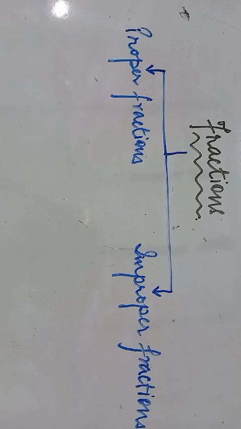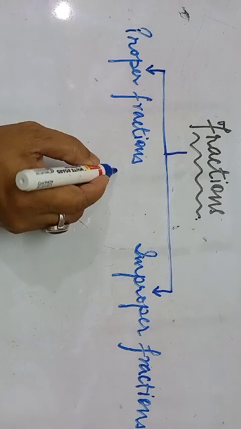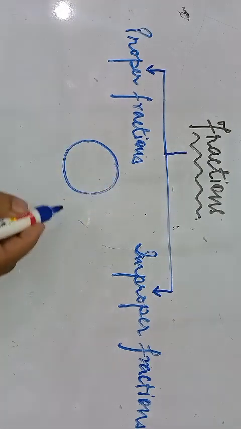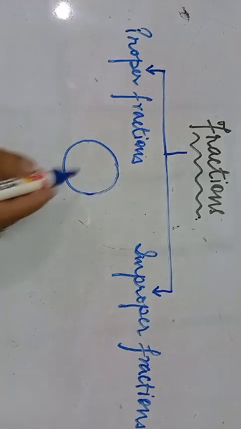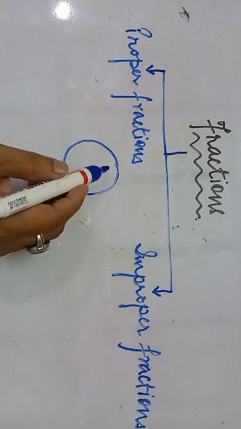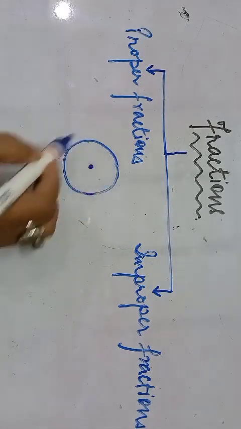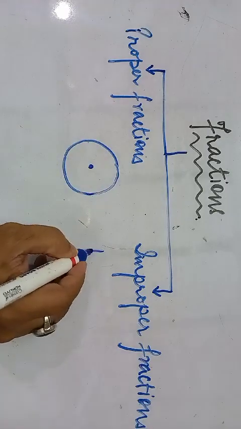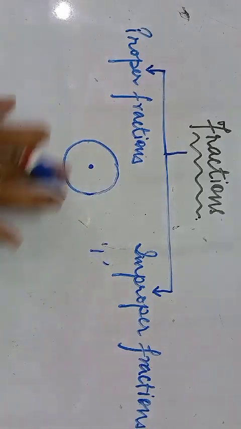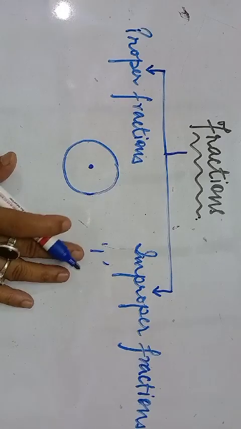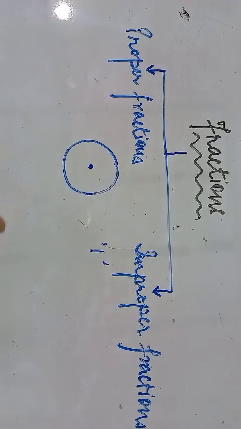So for example, the very basic example that people usually give is the example of a cake. Suppose this is a cake. Now this whole cake will be treated as one, because it is full. The entire cake is here, so that will be treated as one or a whole.